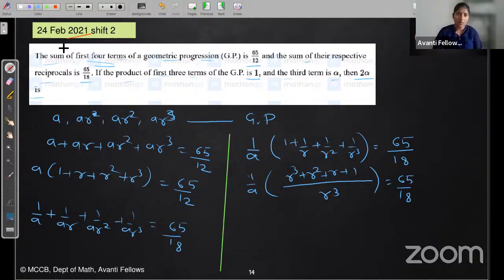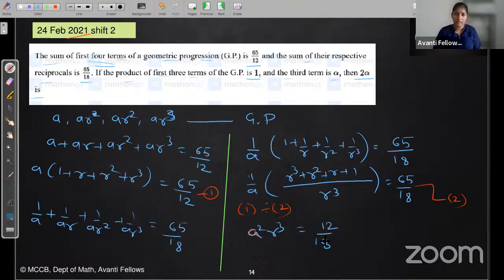Now consider this as equation 1 and this as equation 2. Just divide equation 1 by equation 2. When we divide it, we will get A square R cube is equal to 12 by 18.